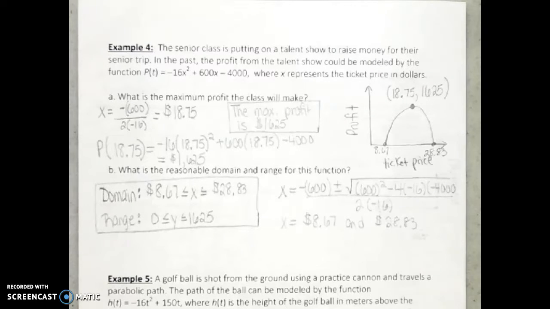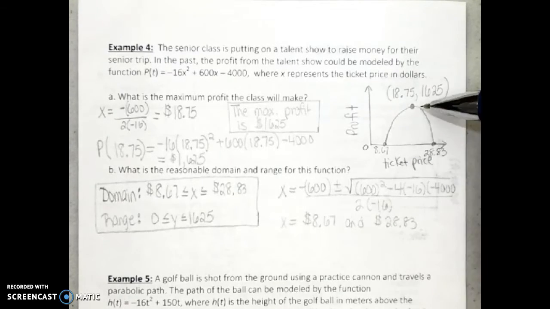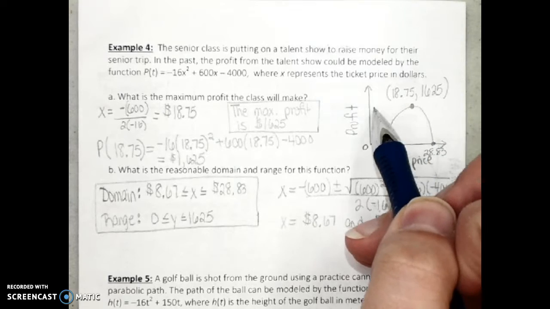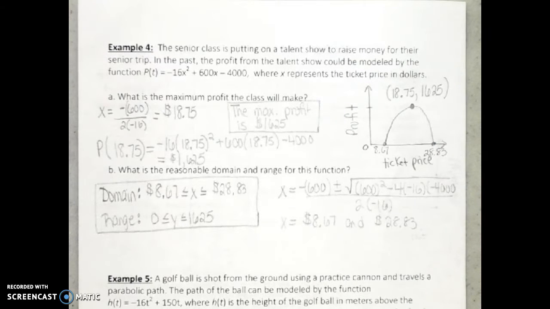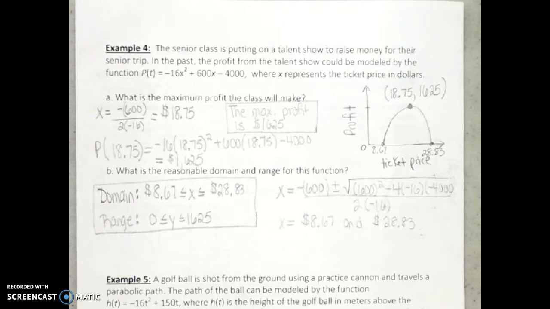What is a reasonable domain and range for the function? I did range first when I wrote this because I know the lowest profit I'm going to get is 0. The maximum profit that I could get is right here. That's that 1,625. So 0 less than or equal to y less than or equal to 1,625.